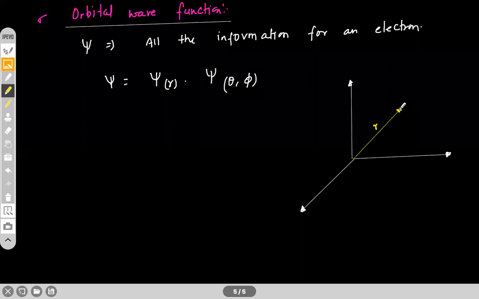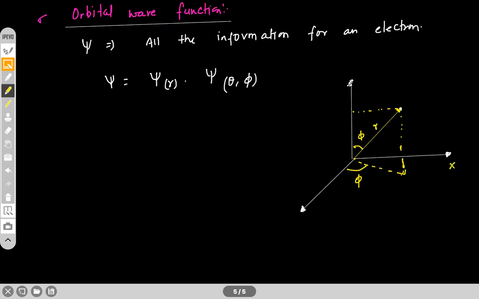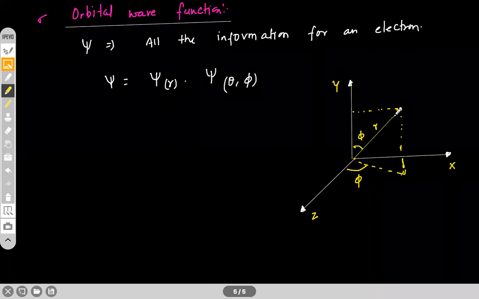And the angle made with the two axes, suppose this one is phi and this one is theta. So it has two components. One is the angular component with respect to the axis, and the other one is the radial component, that is the distance from the nucleus. So we take the help of polar coordinates here.